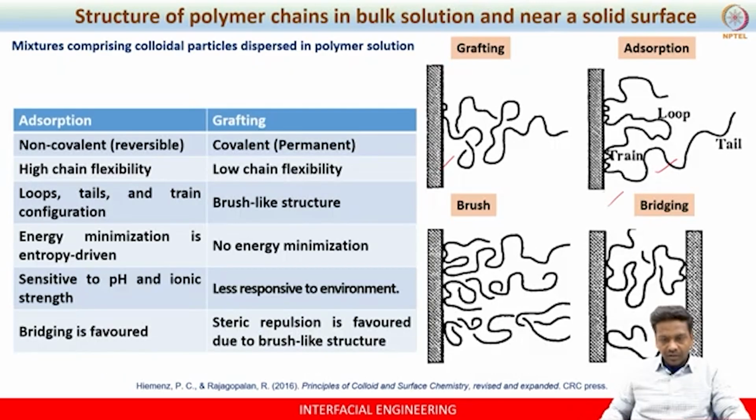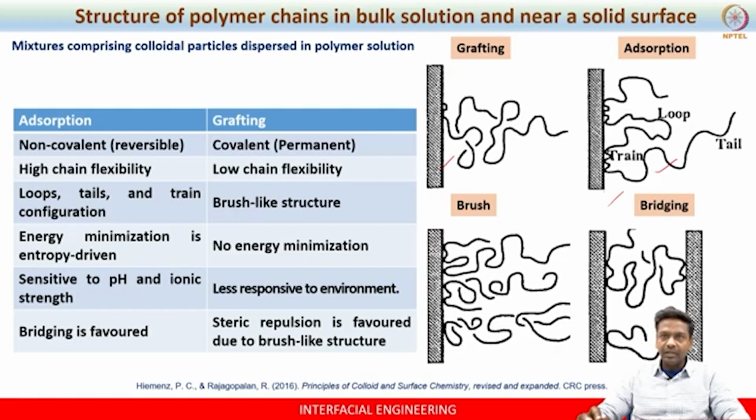So here let us look at the difference between grafting and adsorption. Grafting is due to covalent bonding, which is permanent. The adsorption is due to non-covalent interaction, or you can say physical interaction.